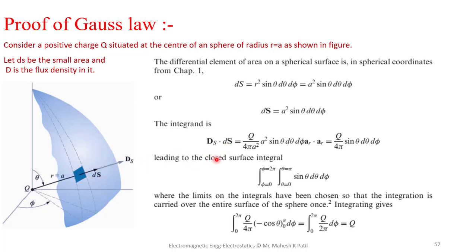If you want to calculate the total flux given out by that closed surface, that will be the integration of this flux. Now it is a surface integral, therefore it will be evaluated as a double integral. The first integration is with respect to phi and the second integration is with respect to theta.